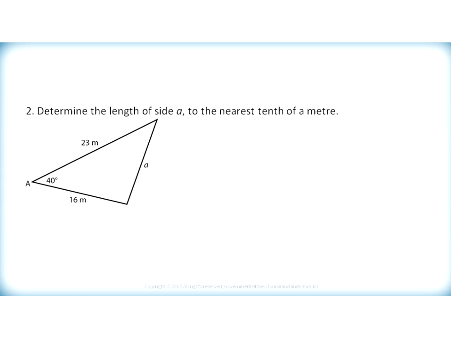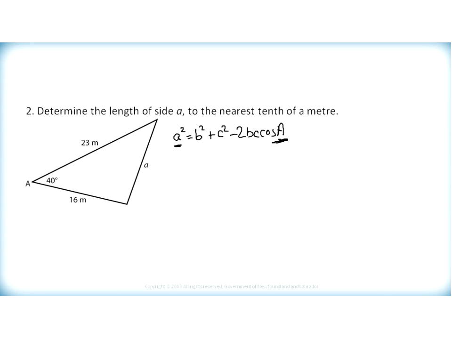Okay, we want to determine the length of side A again to the nearest tenth of a meter. So if I'm looking for A, once again, my cosine law is A squared is equal to B squared plus C squared minus 2BC cos A. And I got it right the first time this time. Whatever side I'm looking for, I need to know the opposite angle.